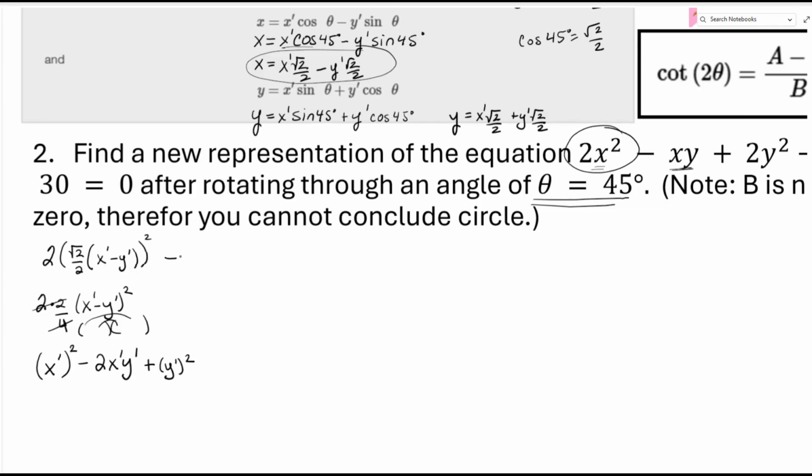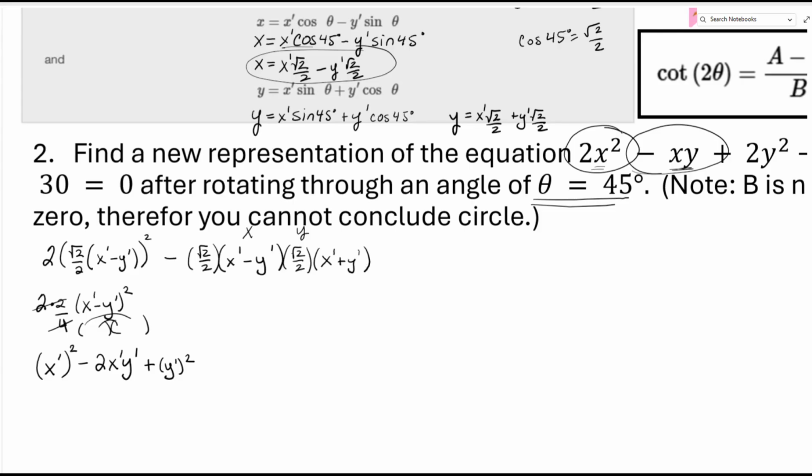Behind that, I have a minus x, which is root 2 over 2 times x prime minus y prime, times, that was just original x, right? I need to fill in now original y, which is root 2 over 2 times x prime plus y prime. Holy smokes.